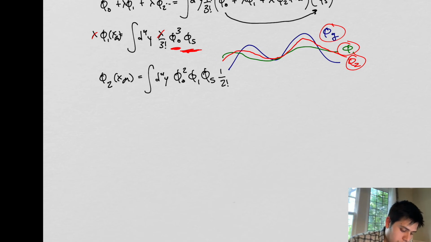Well, we can keep on doing this. What's very interesting is that we can keep on doing this, but we found out right here that this is the same thing. This is just phi 1.